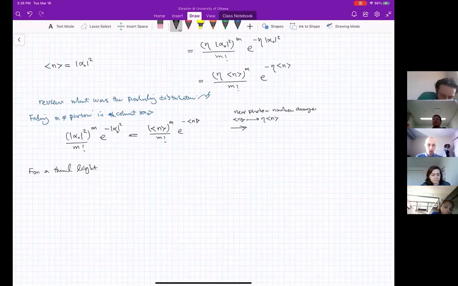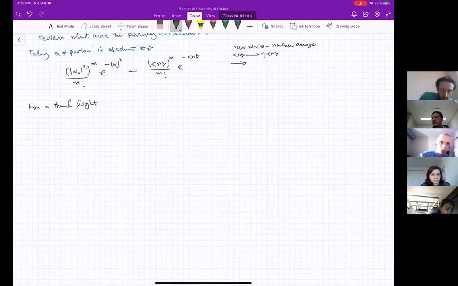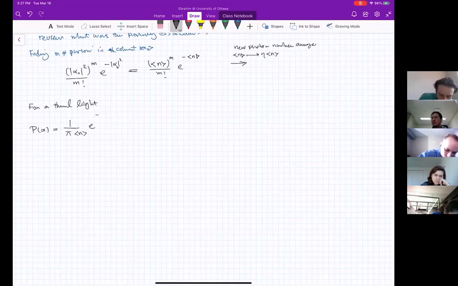For thermal light, the first thing that we have to know is the probability distribution, right? The quasi-probability distribution, Glauber. I remember, I think I tried this, or maybe it was part of your homework, it is 1 divided by pi times the average photon number n, and then given by the Gaussian, e to the power of minus alpha squared divided by n.